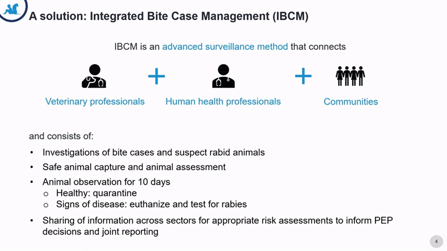And then lastly, we need to ensure that bite victims that meet certain risk criteria have access to life-saving rabies vaccines. Achieving a high-functioning IBCM program requires participation from both the human health and veterinary sectors. This is a community-based program and a service that should be accessible to any community member at risk for rabies virus exposure.